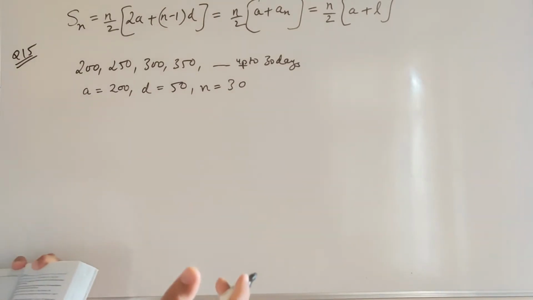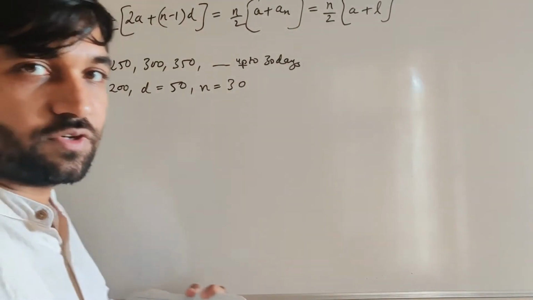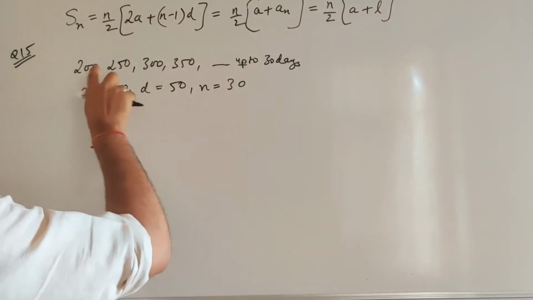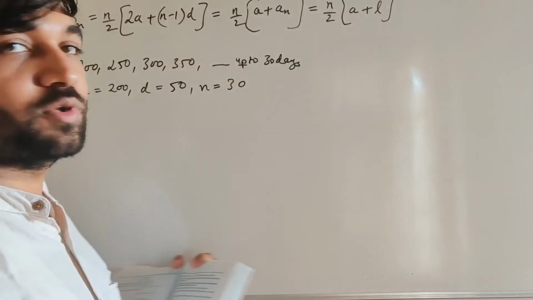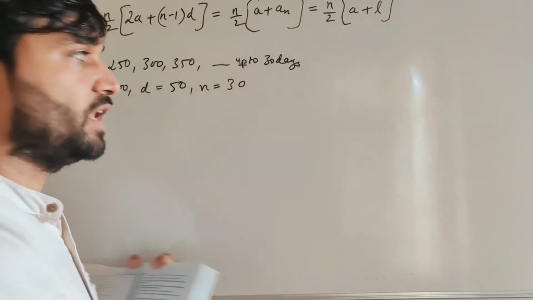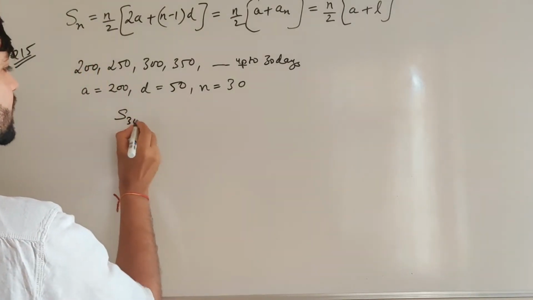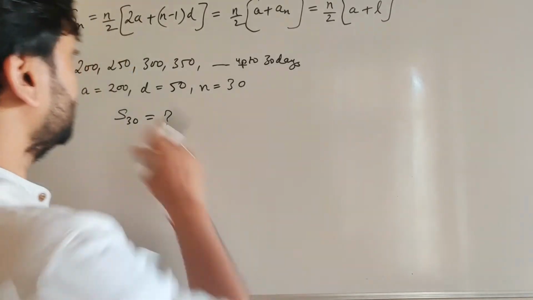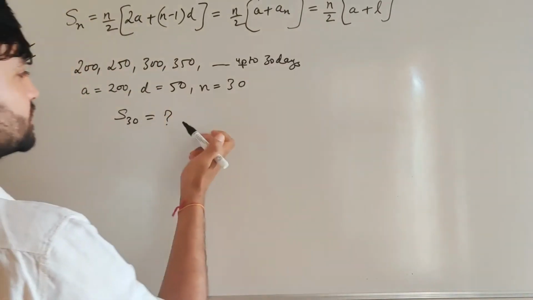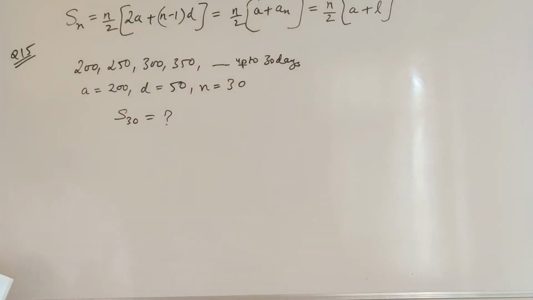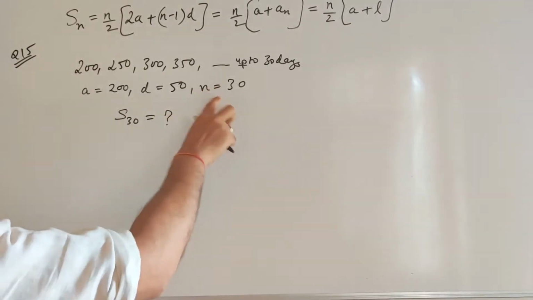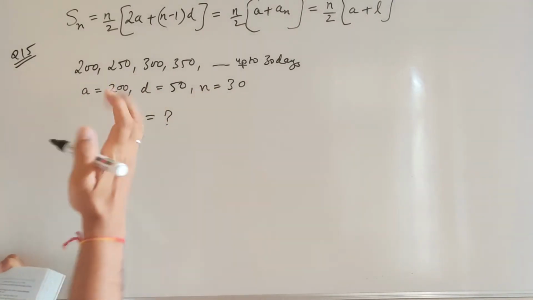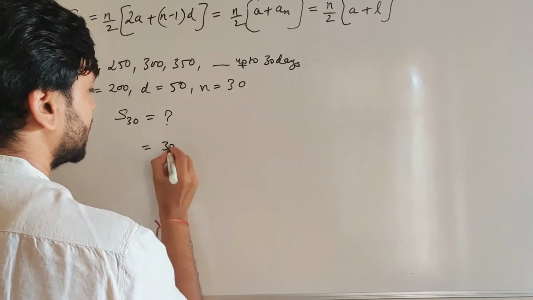The contractor has delayed the work for 30 days, so each of these penalties up to 30 days you have to add. That means you have to find S30, the sum of the individual penalties. For S30, we use the formula n by 2 into 2a plus n minus 1 into d. We know n, we know d, we know a. We know all three values. Just do the substitution and get the answer.